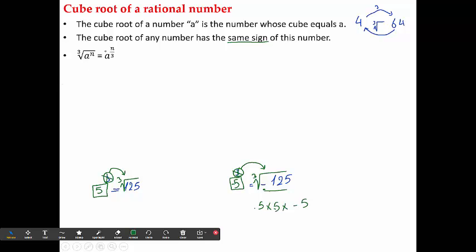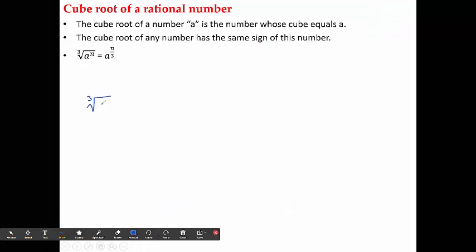The cube root of a to the power n equals a to the power n over 3. Let's understand this note. If we have the cube root of 4 to the power 6, if we expand this number, it will be the cube root of 4 times 4 times 4 times 4 times 4 times 4, 6 times.